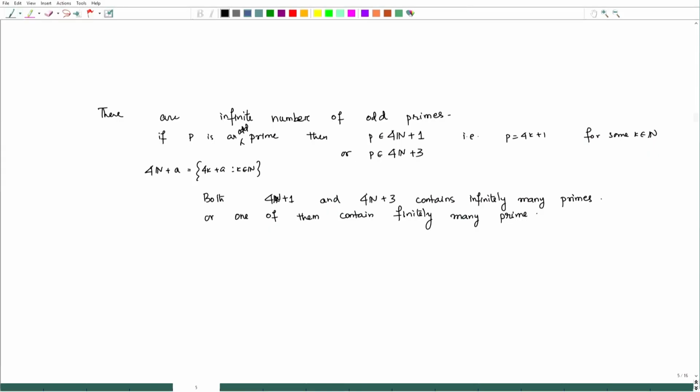So, first let us look at 4n plus 3 and let us play the game Euclid had given us. So, suppose 4n plus 3 contains finitely many primes, say P1 to Pn, and Pn is the largest.